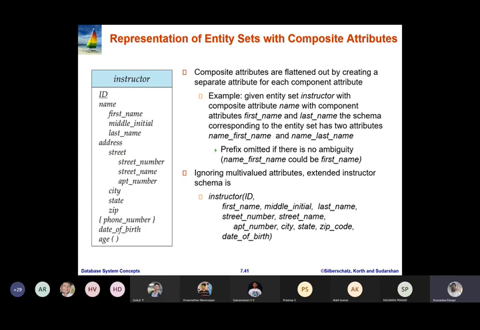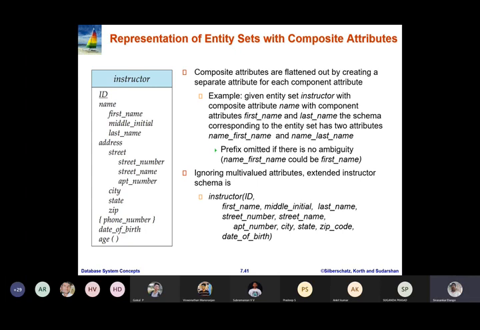So we are going to flatten the name attribute and represent it by ID, first name, middle name, last name. And again, we are going to flatten the address attribute, which is a composite attribute, and represent it by street number, street name, apartment number, and so on. So this is how you represent your composite attribute.